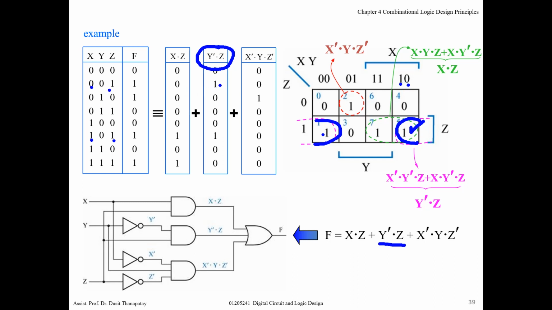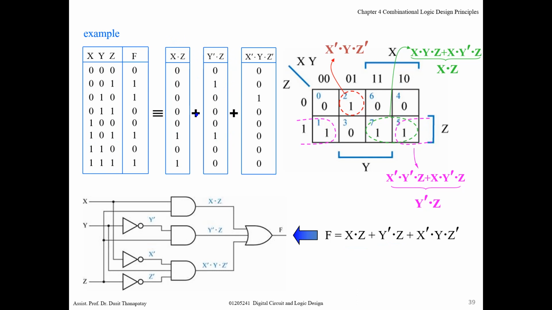Okay, that means we want this case and this case. There are two cases for this term. This product term gives logic 1 output here and here. And for x and z, we want when x is 1, z is 1, right? So x is 1 here, z is 1 here, x and z is 1, 1 here. So there are two cases for this product term.